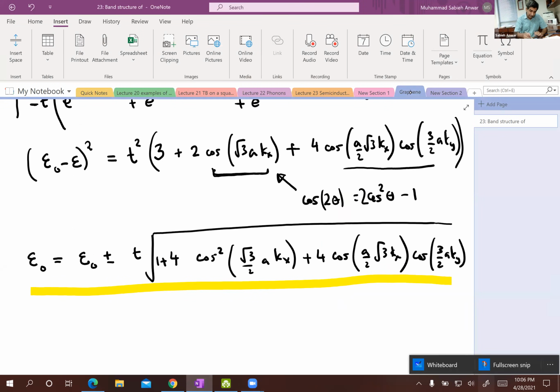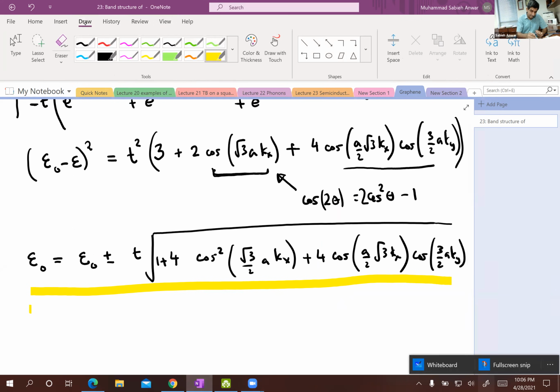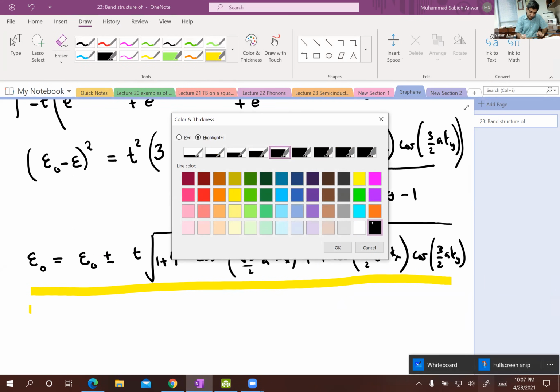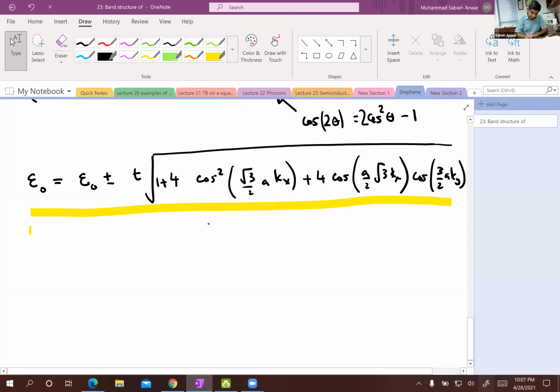What I need to now find out is where are my Dirac points? These bands meet at certain points, and there are two distinct points in the K space.